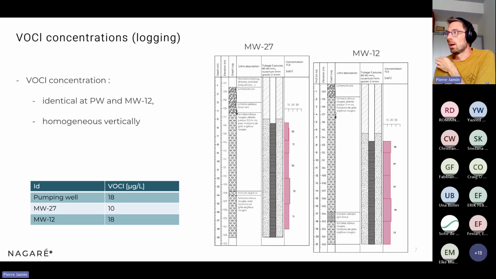When we sample in logging mode, let's say we perform like 3 meter intervals, because we separate intervals with inflatable packers to be able to sample at dedicated depth. And here we could see that the concentrations are quite homogeneous vertically, so a bit of variation, but nothing really significant.